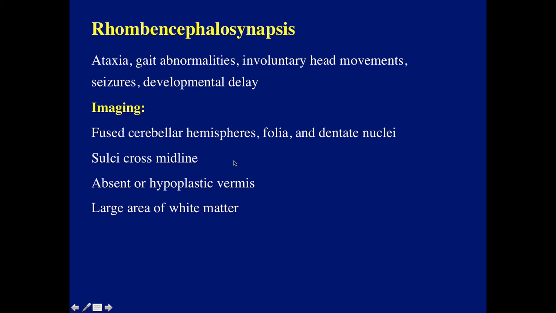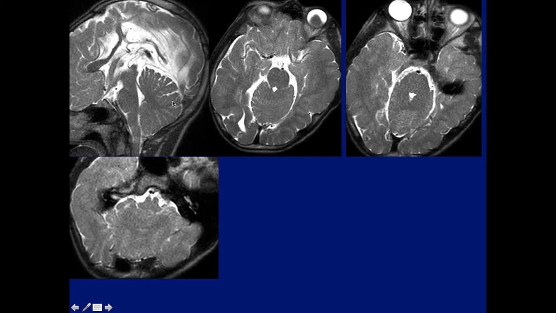And imaging shows fused cerebellar hemispheres, the folia and dentate are all fused, and there's no midline, absent vermis, and the sulci will cross midline. As we can see here, a fused cerebellum and no vermis.